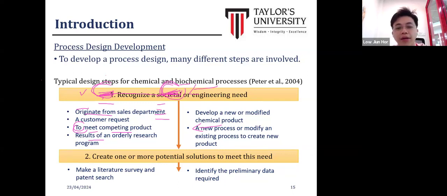So just now I told you we need to do some literature review to compile the information that you need. Besides that, sometimes we also need to do a patent search. Patent search means that some of the chemical plant designs have already applied for IP. But to the best of my knowledge, IP can only last up to 20 years.